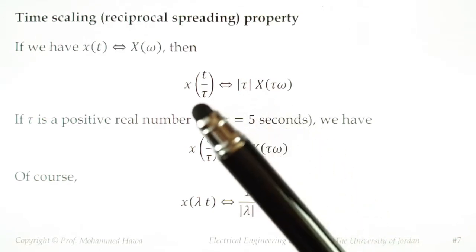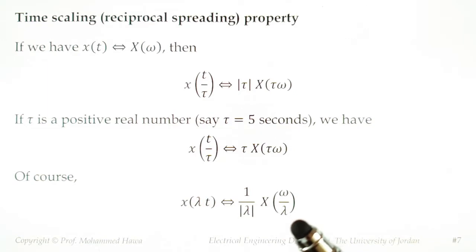By the way, this property can also be written like this, where we know that for the Fourier transform of x of t, if you multiply t in the time domain by a constant lambda, you have to divide by lambda twice in the frequency domain. Notice I divided by the absolute value of lambda outside X of omega, and I divided omega by lambda inside X of omega.